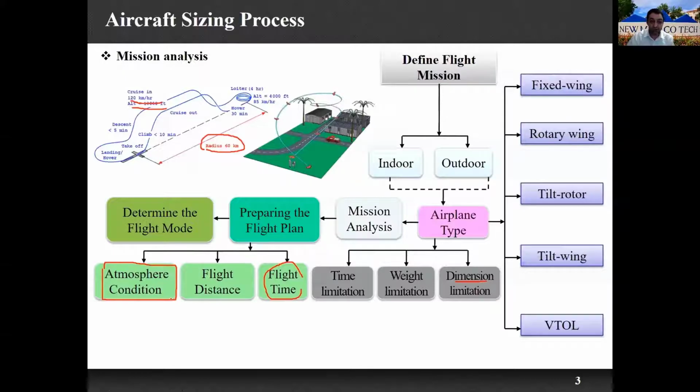This temperature difference changes the density of the air. We have different wind speeds and different levels of radiation. Because of this change, we need to determine all of them when we do the design or sizing process of our airplane.